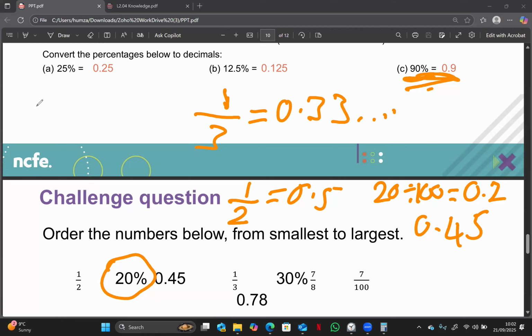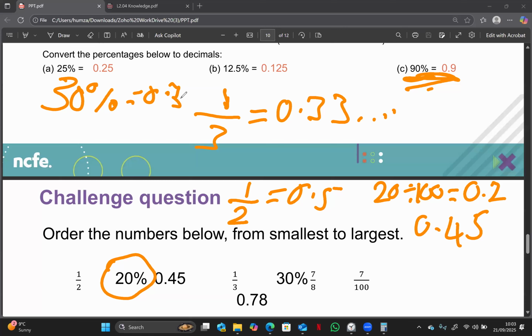What's 30% now? 30% as a decimal is 30 divided by 100. And what's the answer? 0.3. Okay.